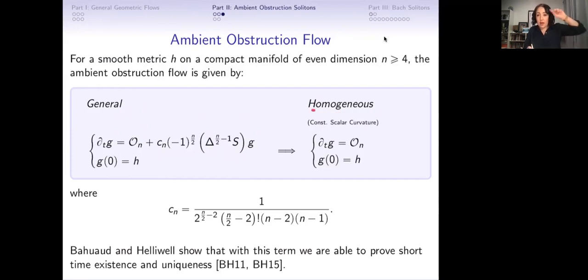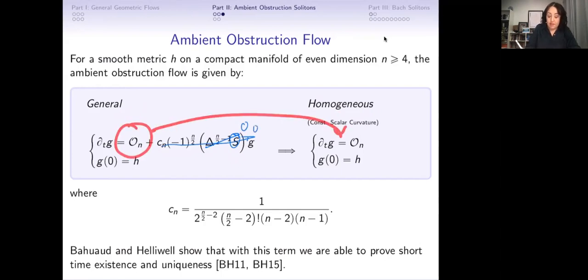Now, if you recall way back to the beginning of the first part of this talk, homogeneous manifolds all have constant scalar curvature, meaning since this is constant, my derivative here goes to 0, this whole term goes to 0, so I'm just left with my flow being defined by the change of the metric over time being equal to just the ambient obstruction tensor.